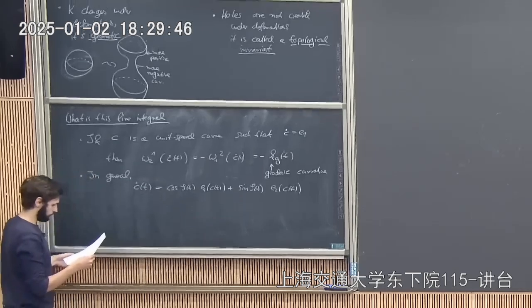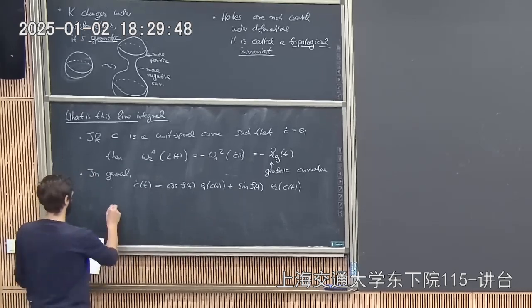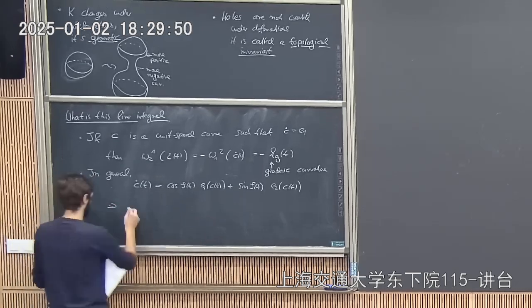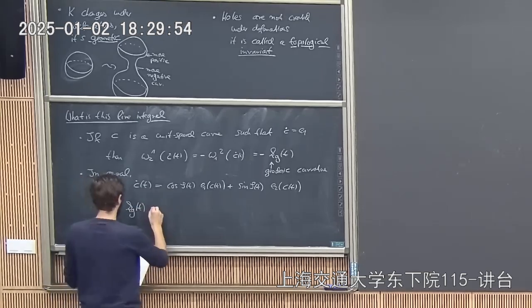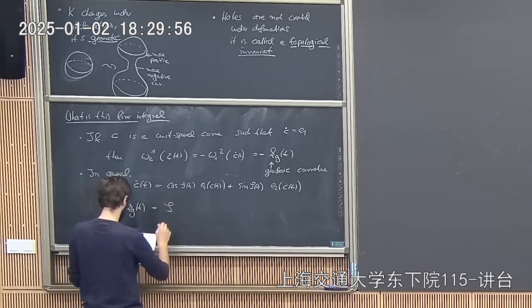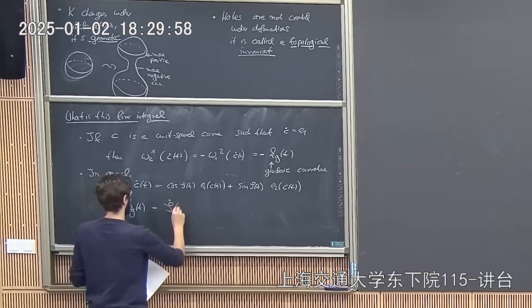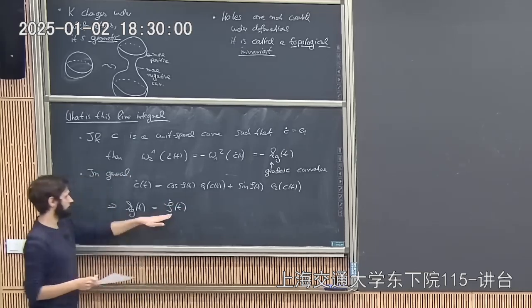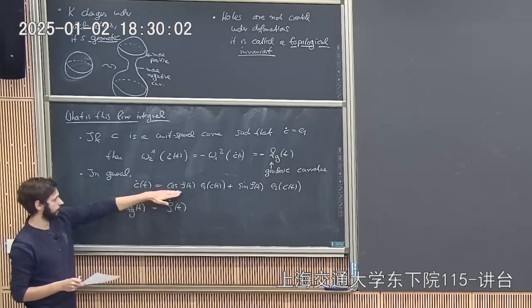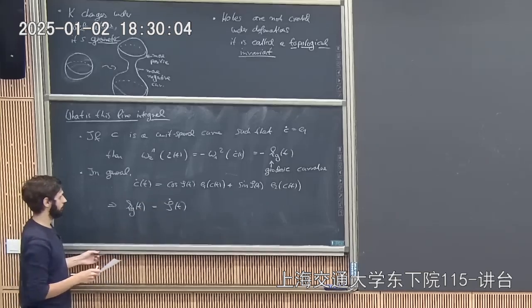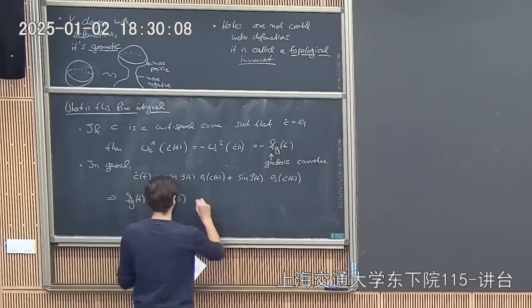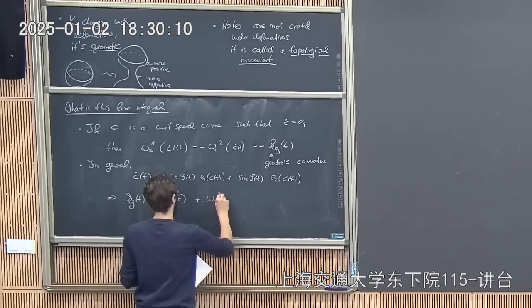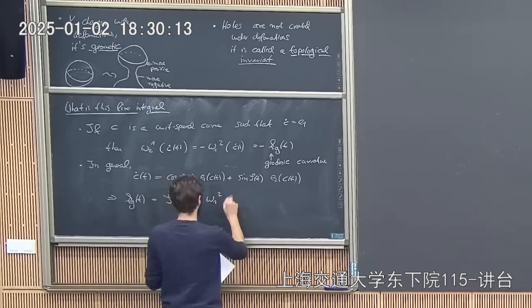What we ended up with was this general expression that the geodesic curvature is given as the derivative of phi of t, the variation of that angle, plus the connection form.